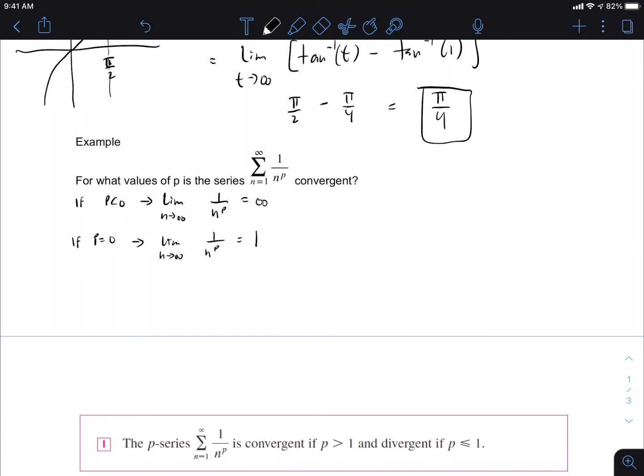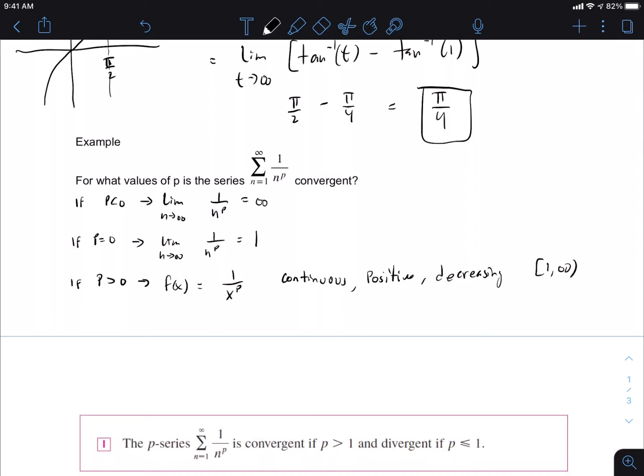What we need to look at, where we run into an issue, is if p is greater than 0. Then our f of x function becomes 1 over x to the p, and we know that this is clearly continuous, it's going to be positive, and it's going to be decreasing. It's going to hold the 3 conditions that we need from 1 to infinity.